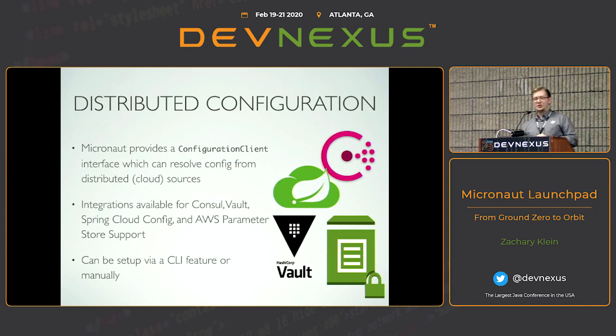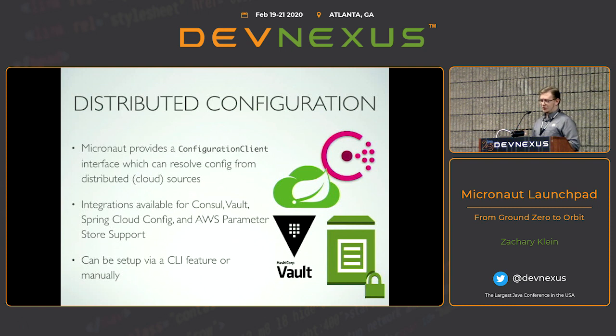Now, distributed configuration is very cool. So again, Micronaut abstracts this away by way of a configuration client interface, which itself will then resolve configuration from whatever distributed sources you configure. And so we have integrations already available for console, which we already mentioned, for Spring Cloud and for AWS parameter store, sorry.